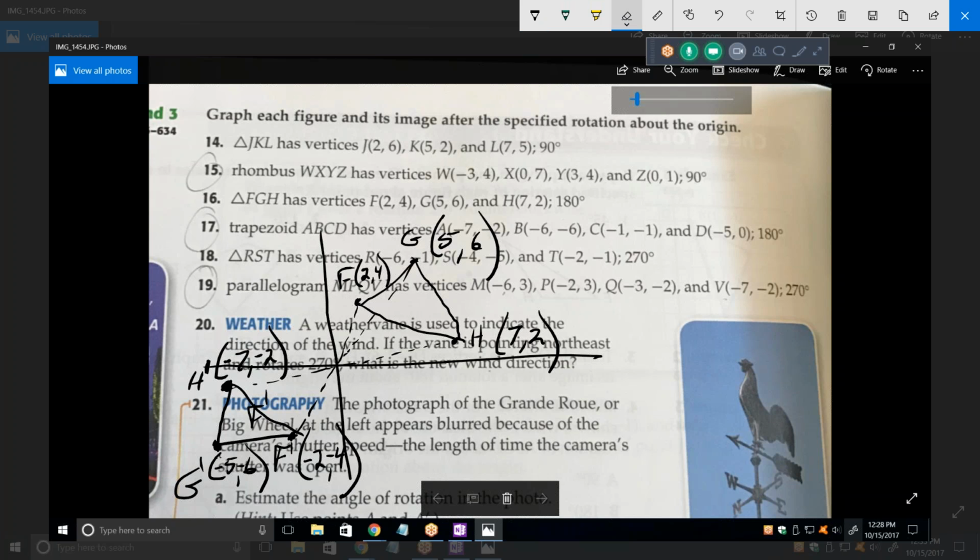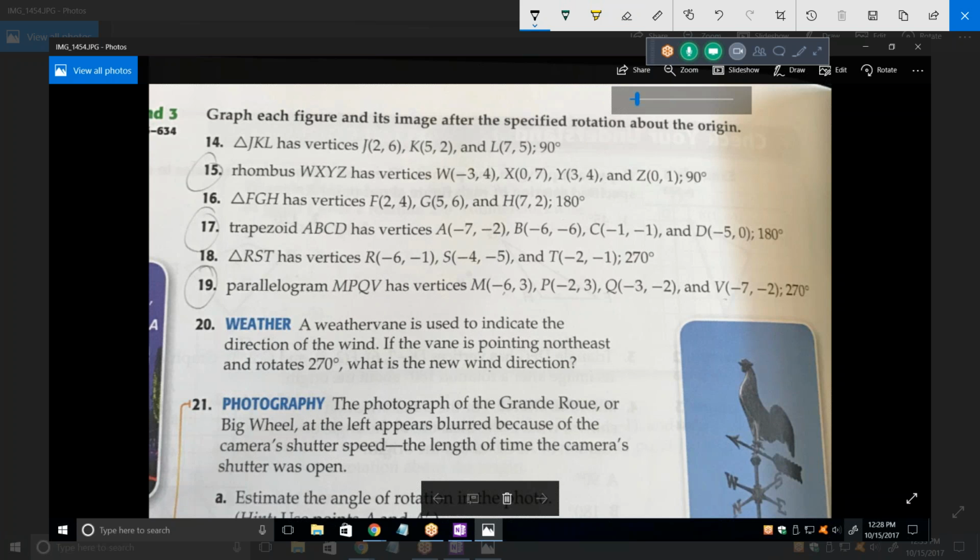Okay. Can we just do 14 too, since it's 90? Okay, 14. I'm going to draw again. Two comma 6.